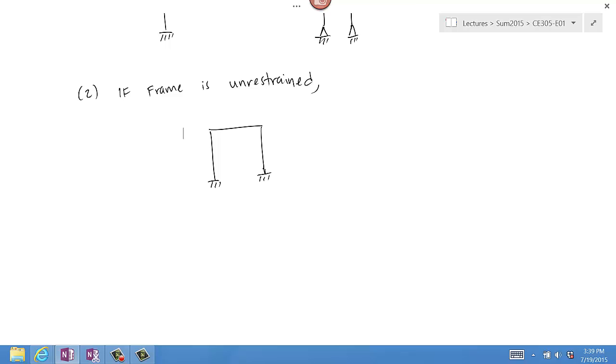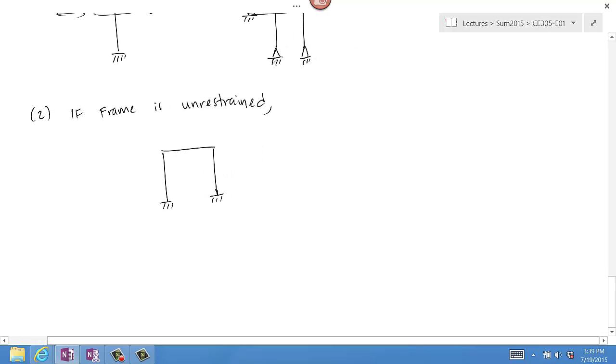In order to convert an unrestrained frame into a non-sway frame, one that does not move at the beam level, there are a number of things that have to be satisfied. The frame must be symmetric.